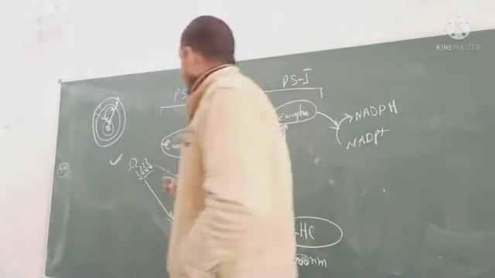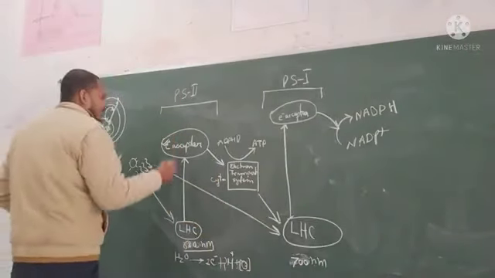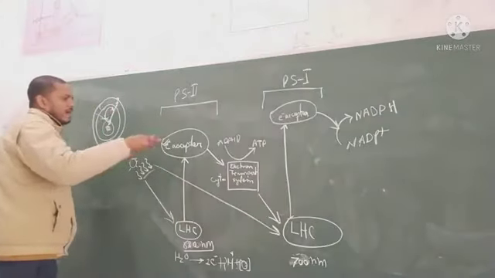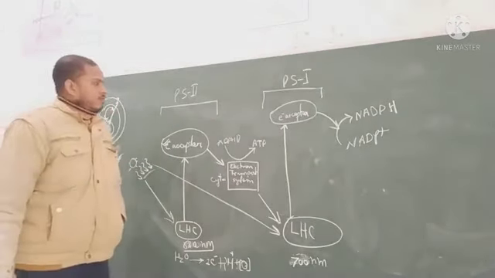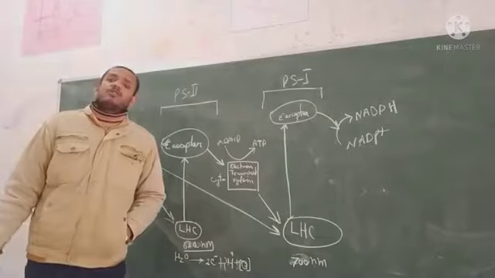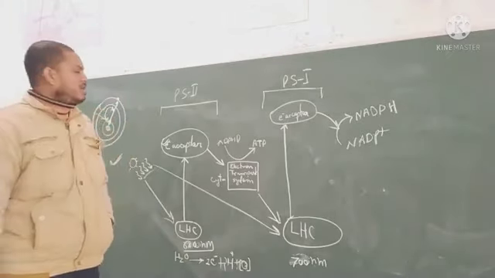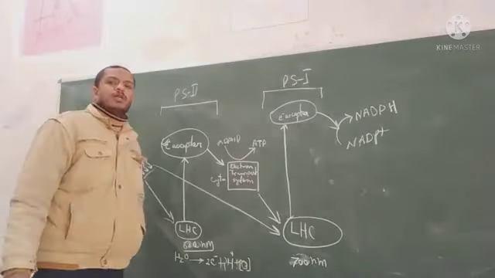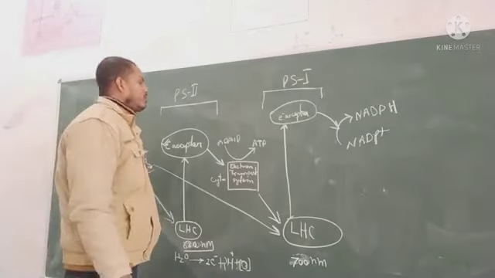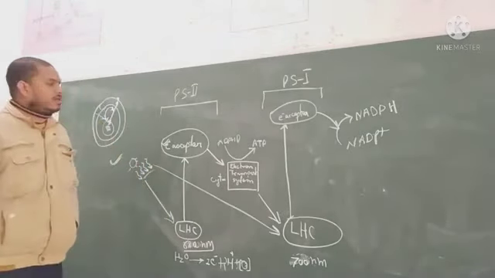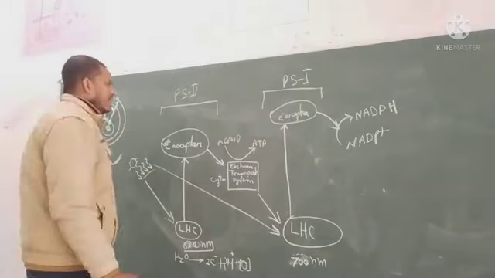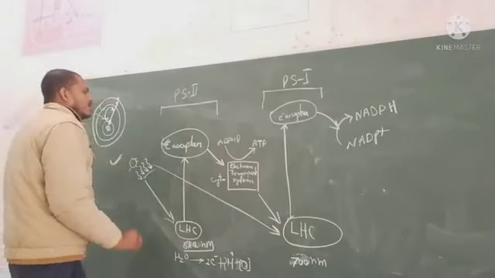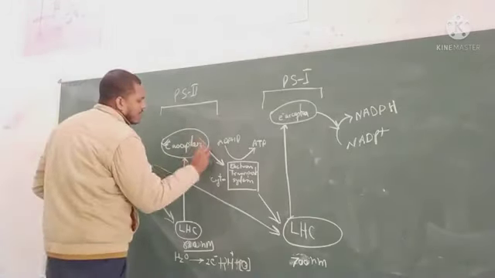So the electron acceptor accepts the electron and carries it to a higher level. And what happens? An oxidation reduction reaction takes place, or we can say a redox reaction. That redox reaction causes downhill movement.